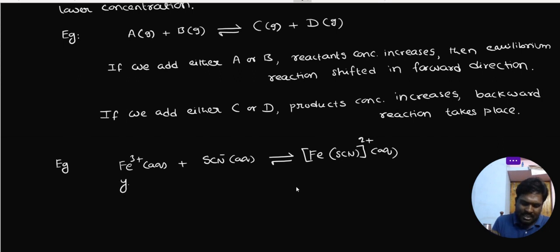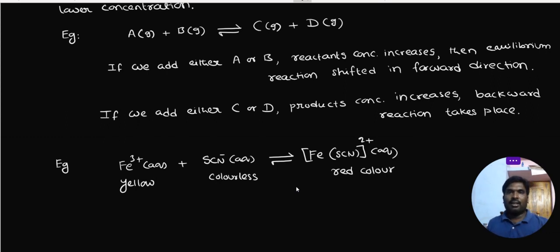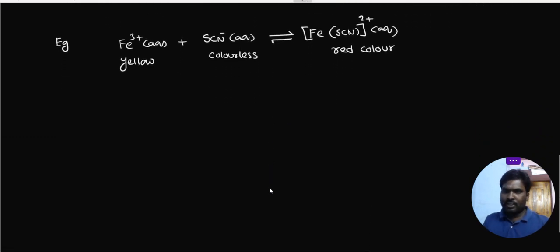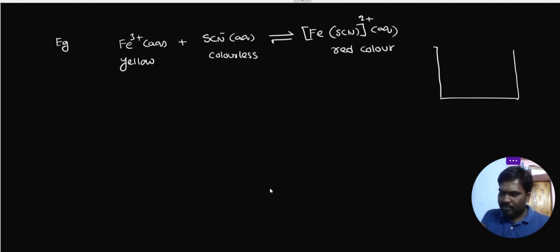You know, this is yellow color, this is colorless, this is red color. Now this is one equilibrium system. Understood? This is one equilibrium system.